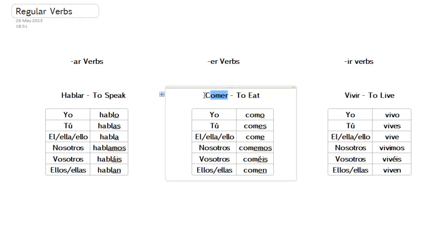Now we have another one called comer, to eat. Think of something that can remind you of comer. Come to eat in my house. Come, because it's got the word come. Come over to eat.